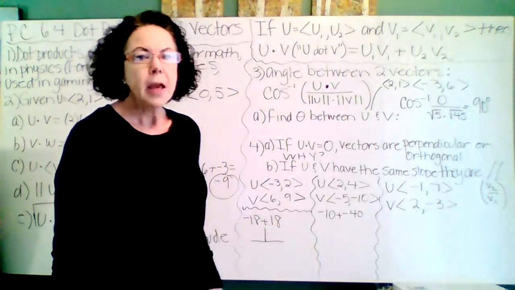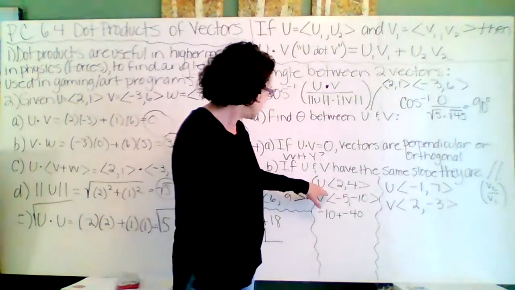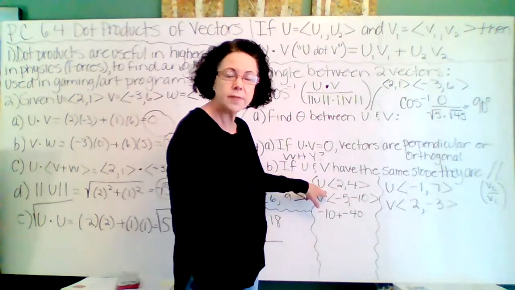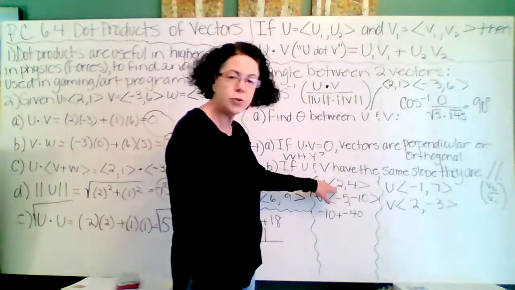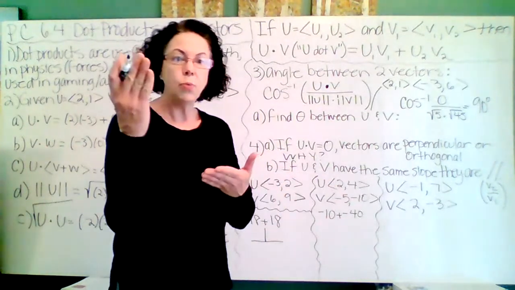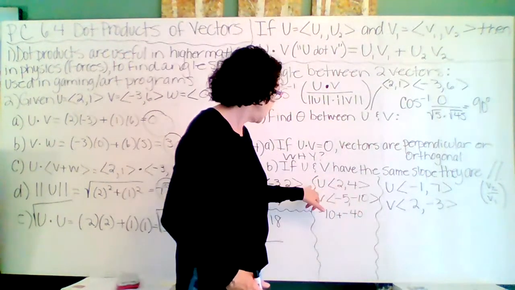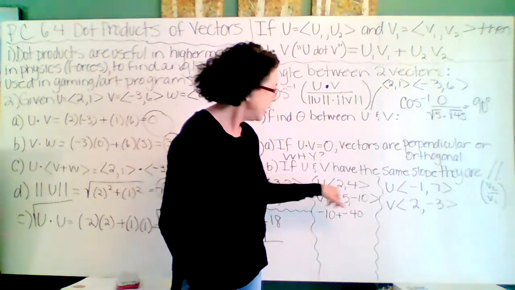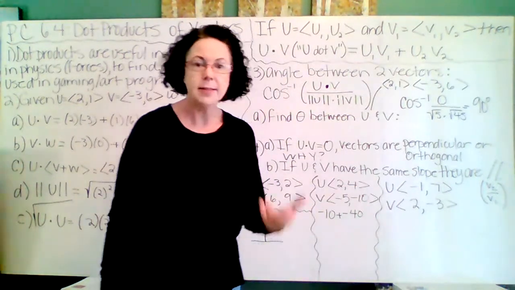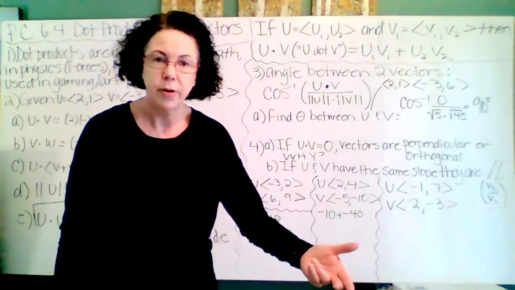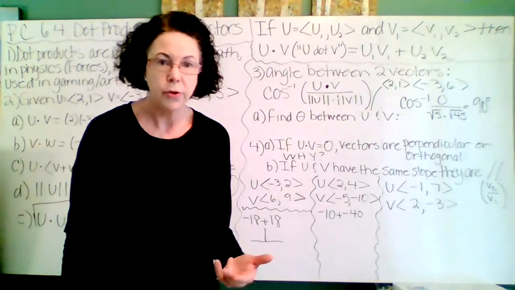Why is that? That is because this vector u has an initial point of 0, 0 and a terminal point of 2, 4. So if I did y2 minus y1 over x2 minus x1, I'm just going to have 4 minus 0 over 2 minus 0. I'm just going to have 4 over 2.